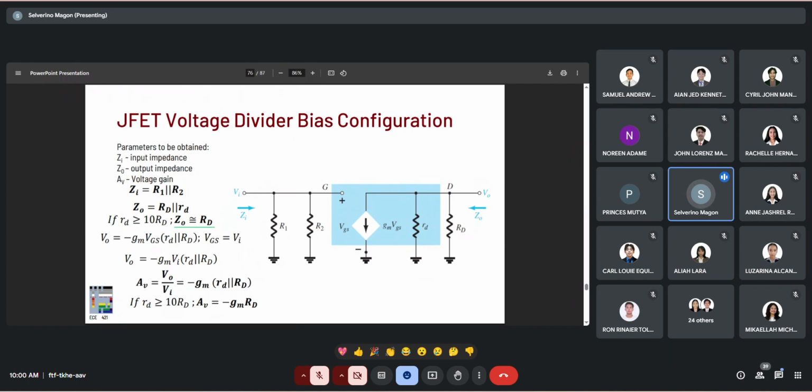Okay, so we move on to our next topic, which is the amplifier circuit. This is just a relatively short discussion on the specific applications or related concepts in the amplifier circuits.